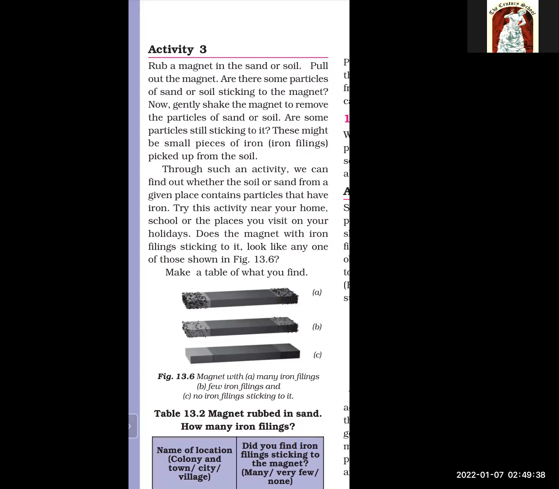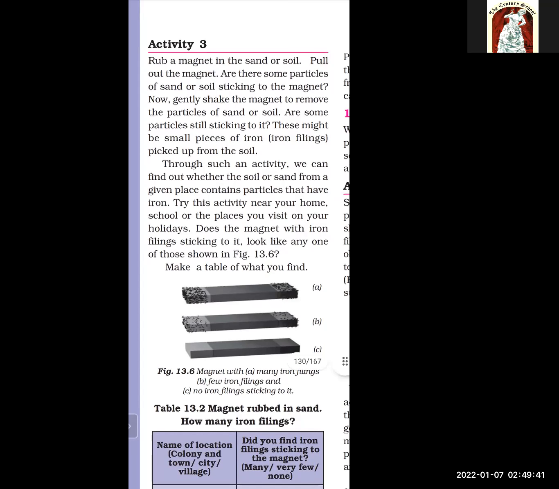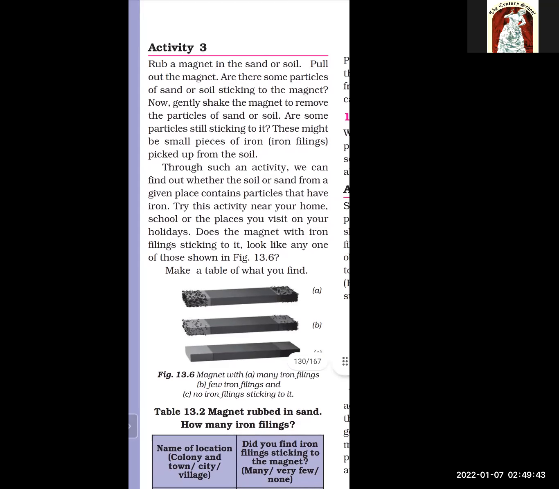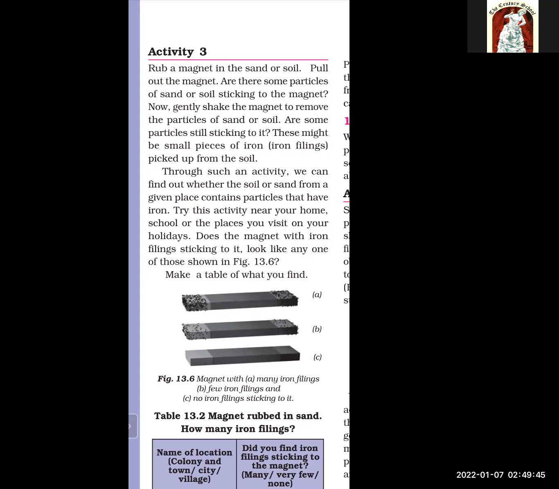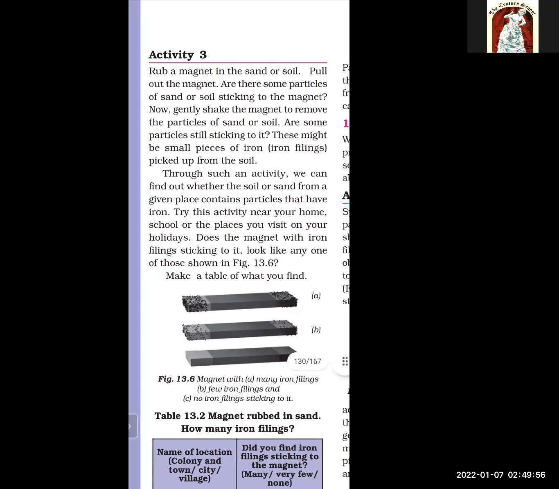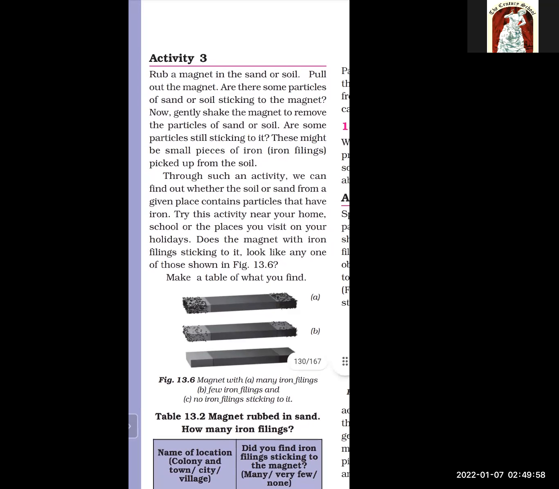Are some particles still sticking to it? Yes. And what are these particles? They are iron particles. So some iron particles stick to the magnet.